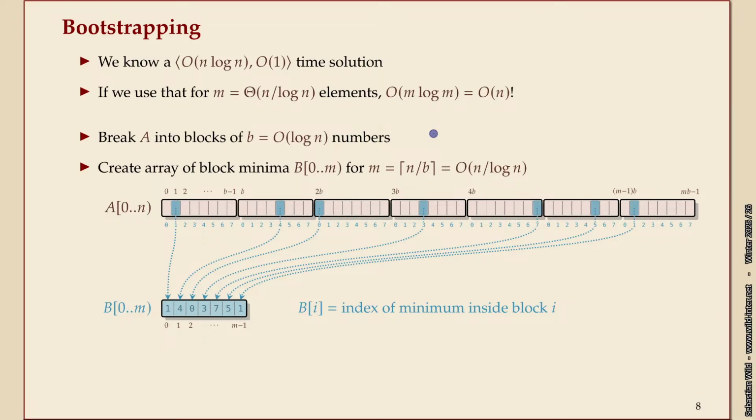How can you use this here? One option is you break the array up into blocks of roughly log n numbers. Then you take the minimum of each of the blocks, and that's the array that you feed into the previous solution with the n log n pre-processing time, constant query time.